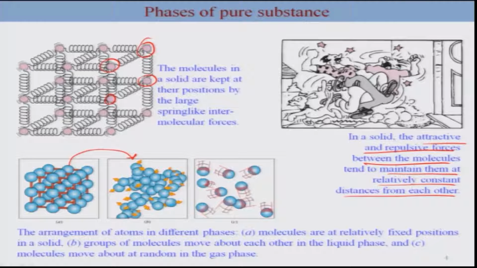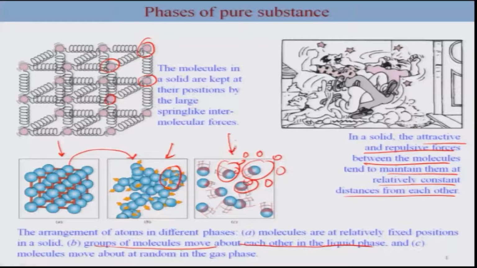Solid has structure, liquid has structure, but as you further increase the temperature and make it gaseous, they move quite randomly. There is no specific group of molecules around each of them, whereas in the liquid phase there is a group of molecules which move together.